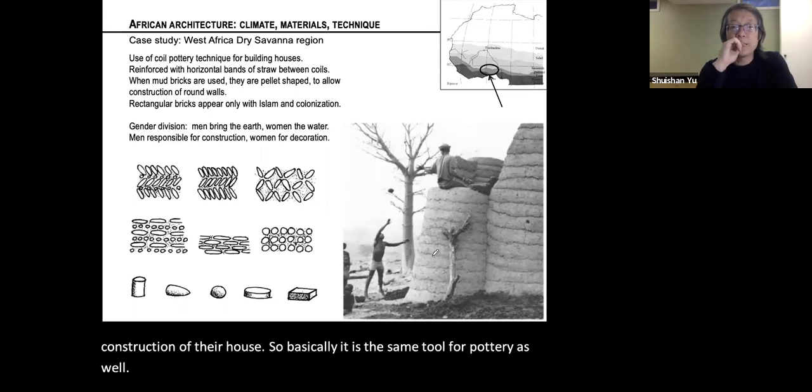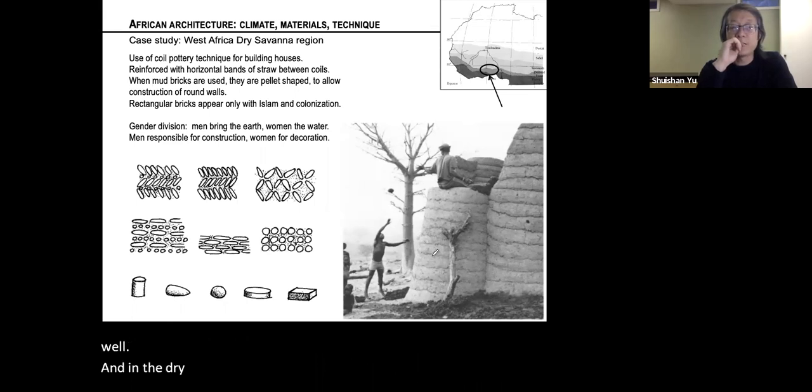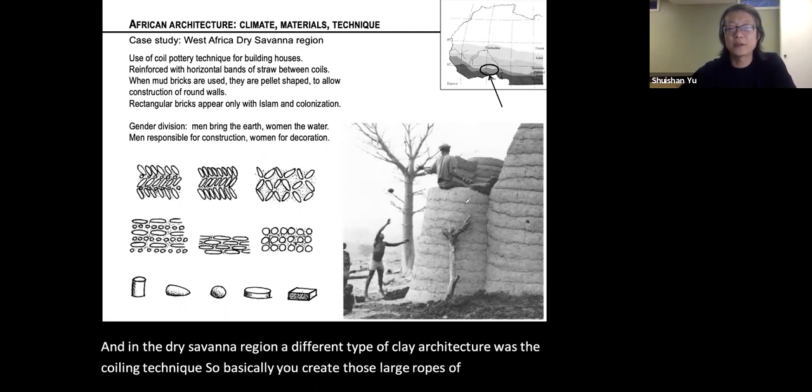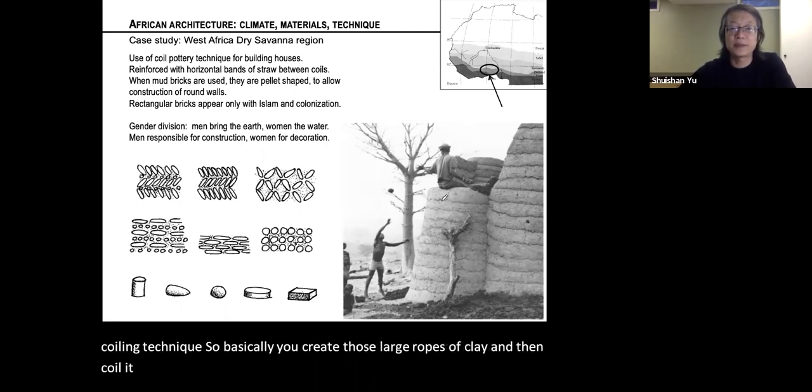And in the dry savanna region, a different type of clay architecture was created by the coiling technique. Basically, you create large ropes of clay and then coil them to define those circular spaces.